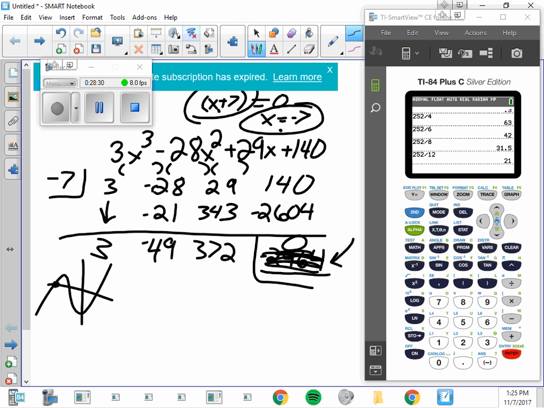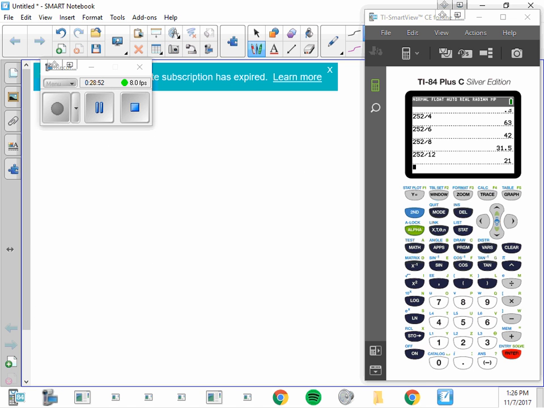So this point right here is -7, 0. Now in the graph that we just did, it's way down there. At -7, to find the answer, we have to go clear down to 2,600 and something. Okay? That really was a terrible problem. Usually they're closer than that. Let's do another one.